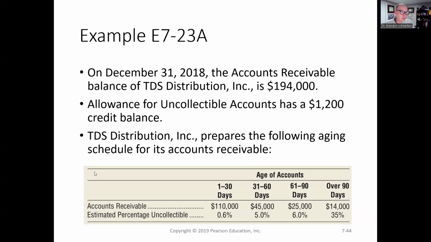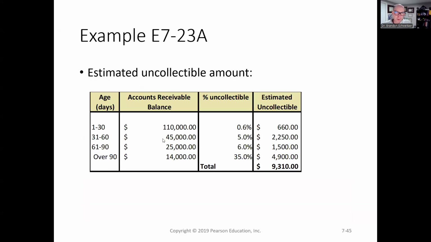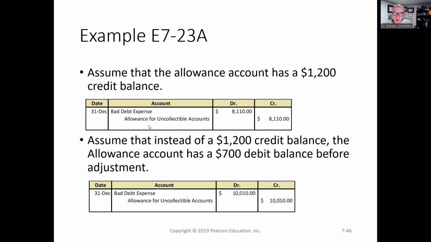And so, just as we did before, we would take the uncollectible percentage, multiply that by the balance, and add them all up over the period. And then we adjust out that $700 debit balance that we had before, and we would debit bad debt expense and credit allowance for doubtful accounts. And so, that's the overall process.